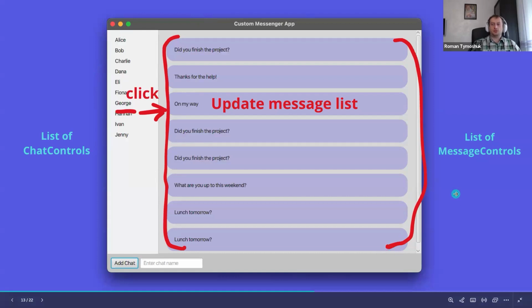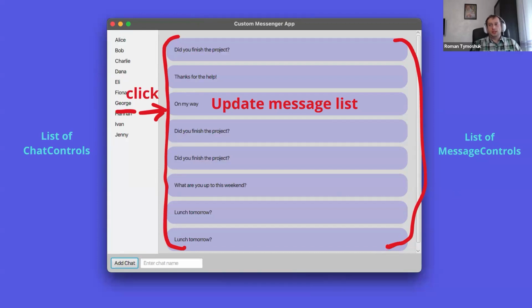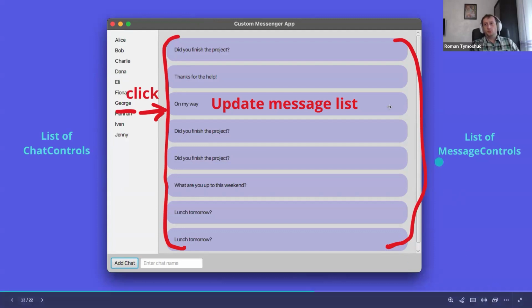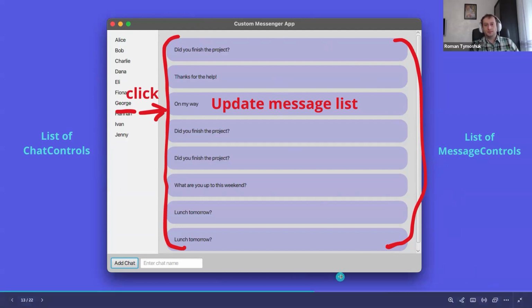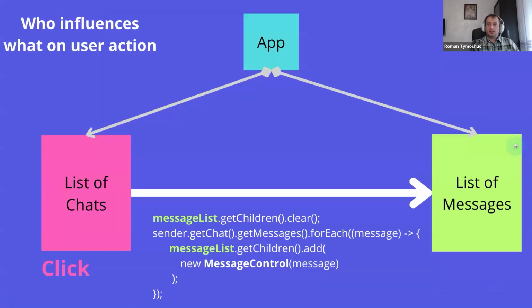As you remember, message control has one message. Chat control has multiple message controls. Here it's a representation. So we are clicking the chat, we are updating this control and providing the list of messages. Let's go to the UML diagram and try to understand, not the overall diagram, but how it works.